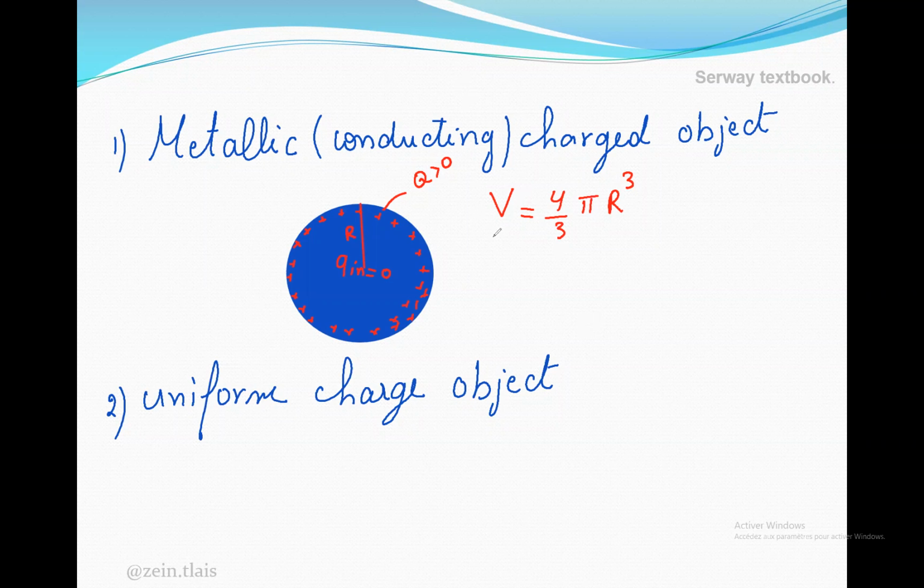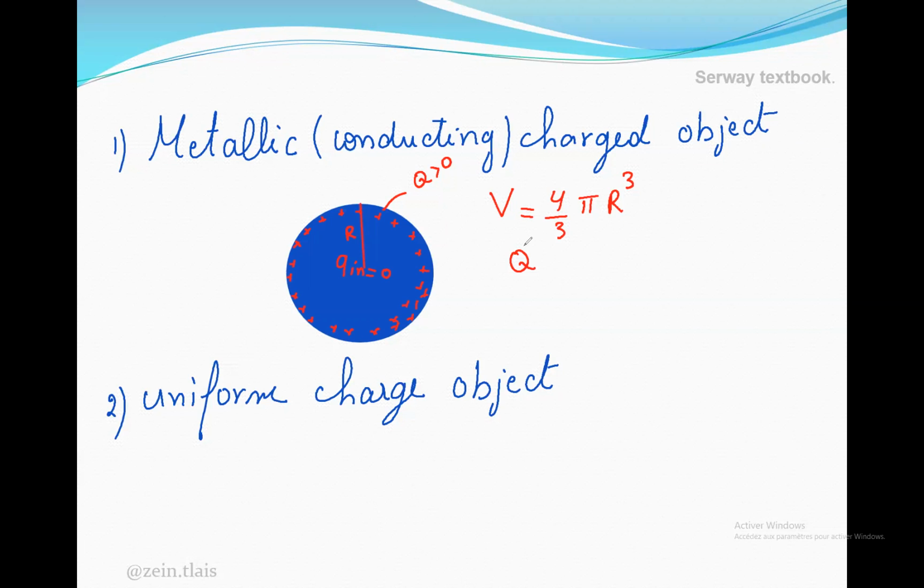And Q, we talked in the last chapters about Q. If you have a linear charge distribution, we take lambda. About the area charge distribution, we use sigma. In the case of the volume charge distribution, we use rho.